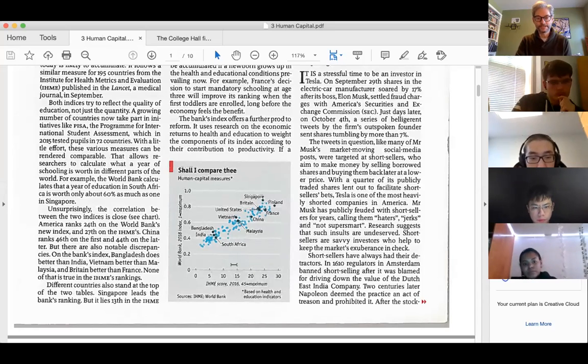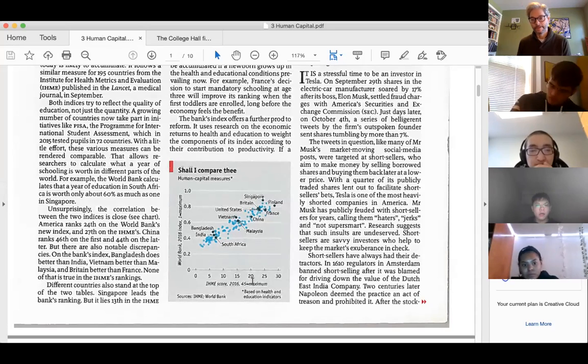And then here's this other score that incorporates all of the things that I've just talked about here. You notice that there's a strong correlation between these two things, right? So there is a very strong correlation between years of education and these indexed measures of human capital.